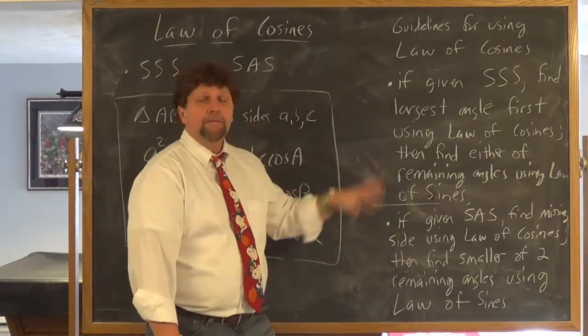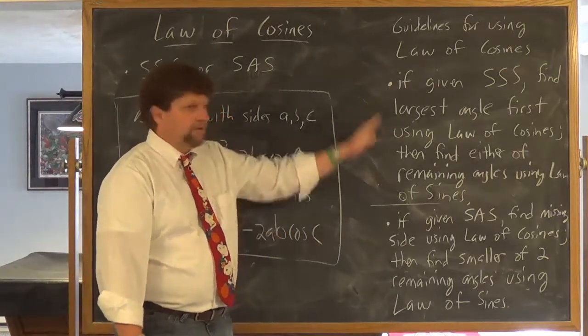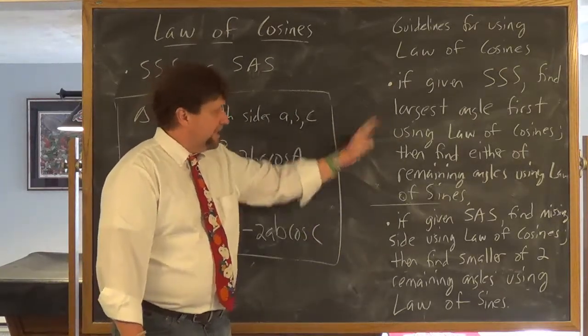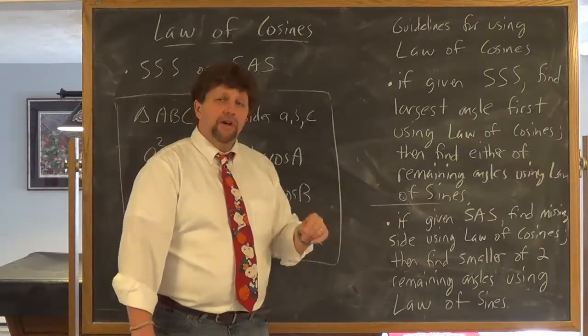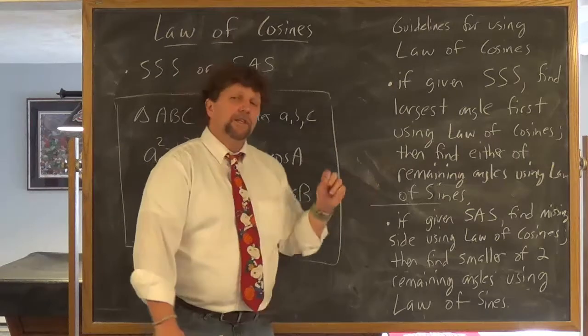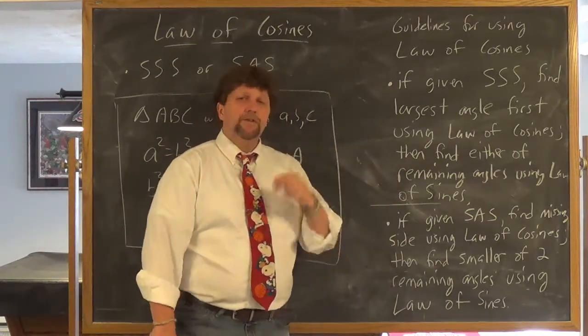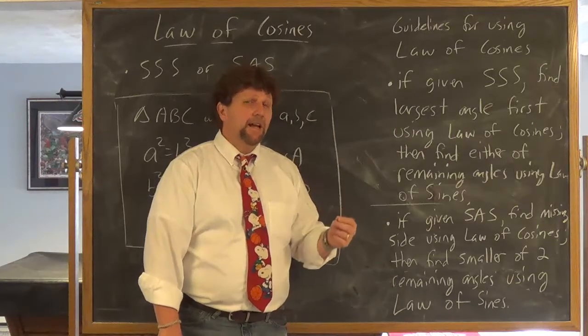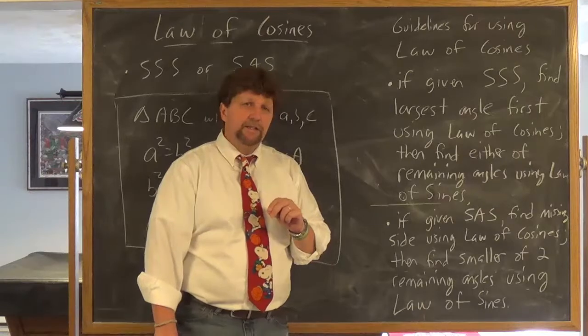I'm giving you these guidelines for a reason. Notice in both cases, side-side-side or side-angle-side, after we first use the law of cosines, we end up using the law of sines. And in both cases, when you're using the law of sines to find an angle, you'd have to worry about the ambiguous case of the law of sines.